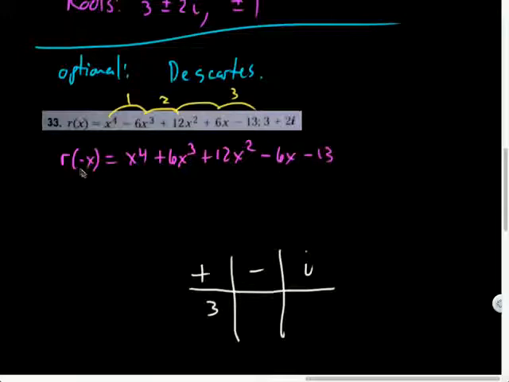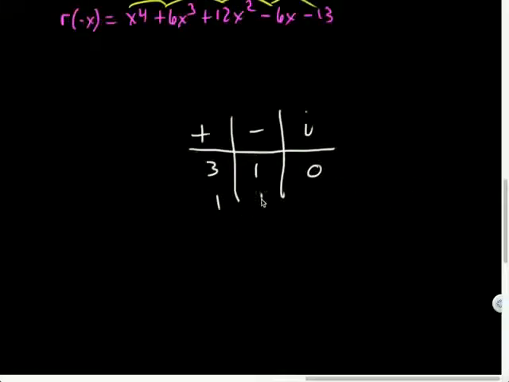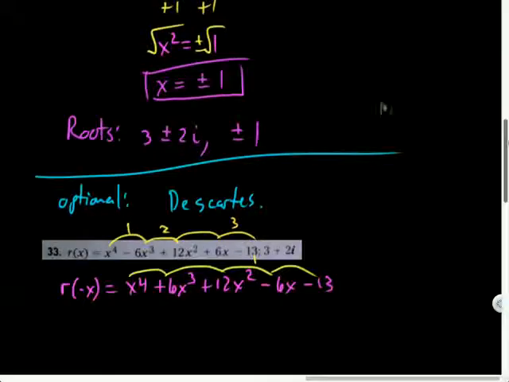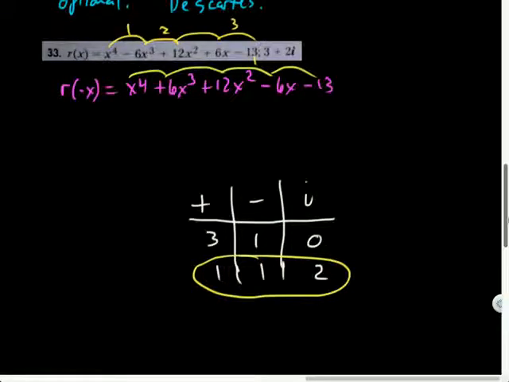And if I count their sign changes: 1, none, none, 1, and done. So I would have had 3, 1, 0, or what's the other possibility? 1, 1, 2. Which situation did we actually have? We had the 1, 1, 2, right? Because I had 2 imaginary, 1 positive, 1 negative right there. Not too shabby. Not too shabby at all.